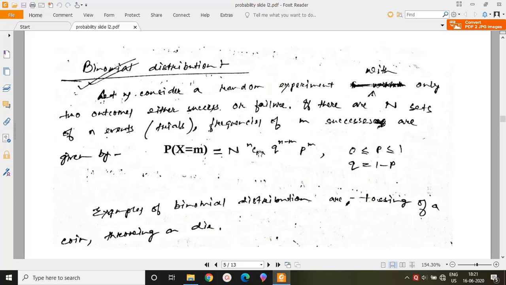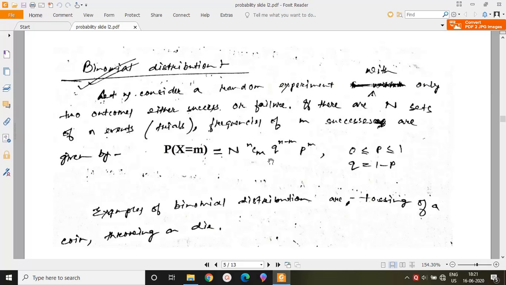Why is it called binomial distribution? Because it has either success or failure. The experiments are of that category in binomial distribution. Also, if you look carefully, you will see that nCx q to the power n minus x, p to the power x, is like the binomial coefficient in the binomial expansion of your algebra.